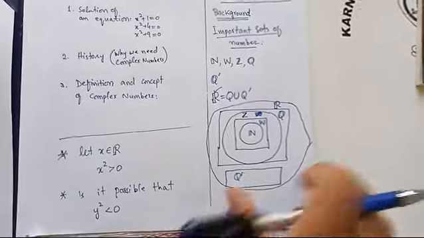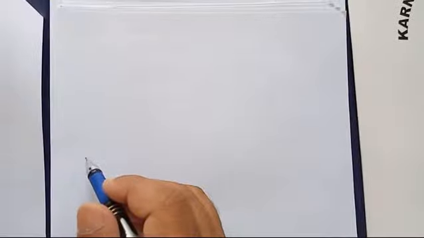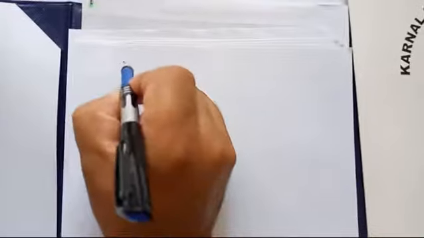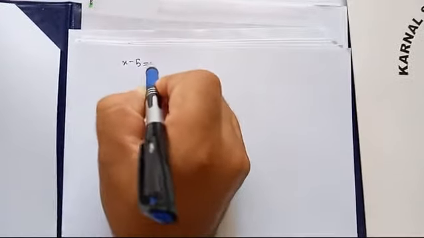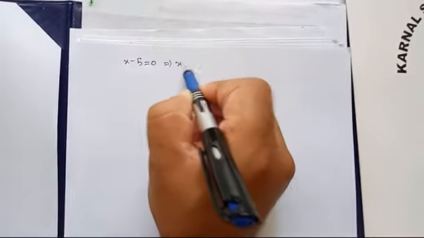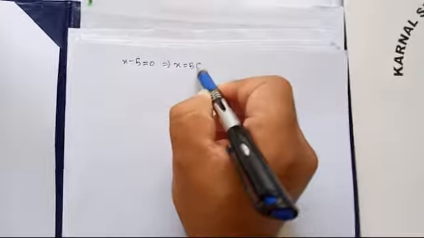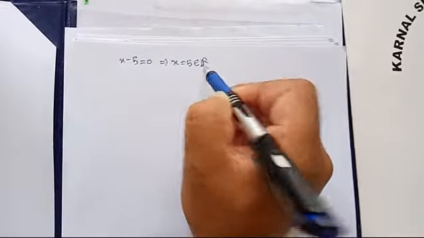Before discussing this point, remember that when you solve algebraic equations like x minus 5 equal to 0, this implies that x is equal to 5. Now you see that this x belongs to the set of real numbers.